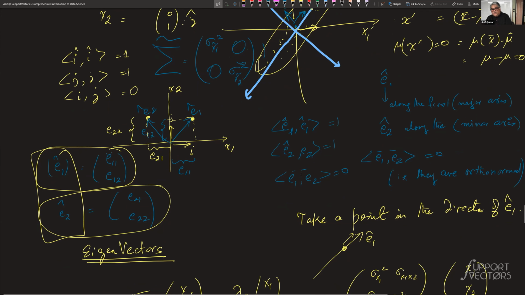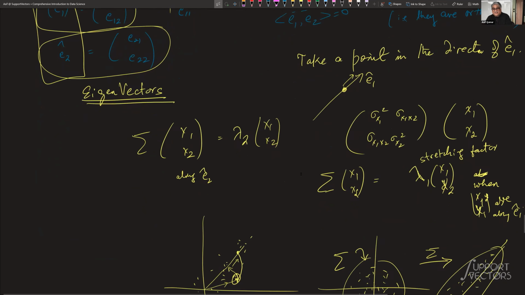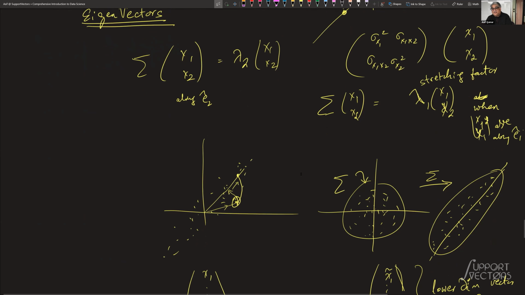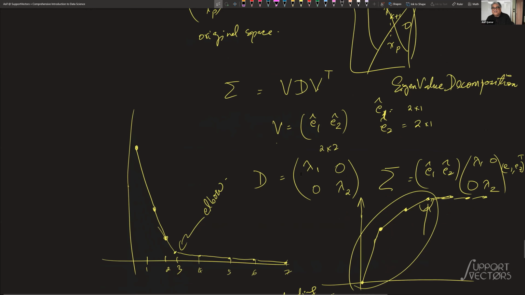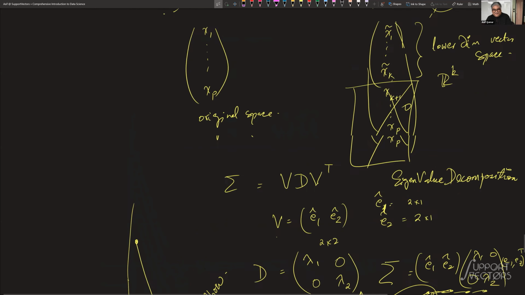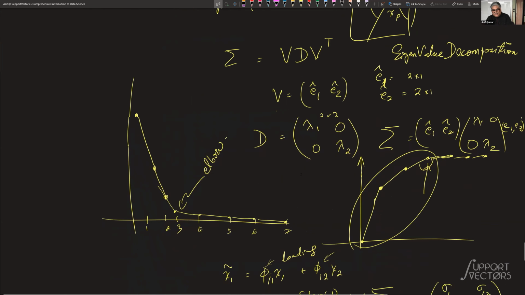You want to find the coordinate system which does that. That coordinate system and its axes are called principal components and principal axes. The principal axes are the eigenvectors. That is it.